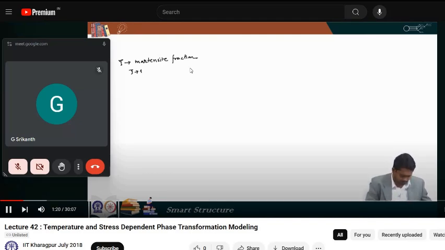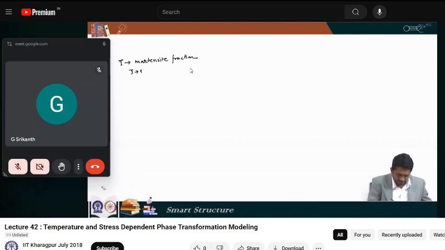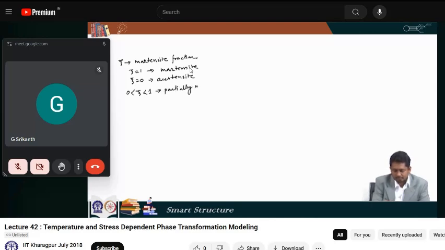Xi equal to 1 means a full martensite material, and xi equal to 0 means it is austenite, and when xi is between 0 and 1, this means partially martensite and partially austenite.